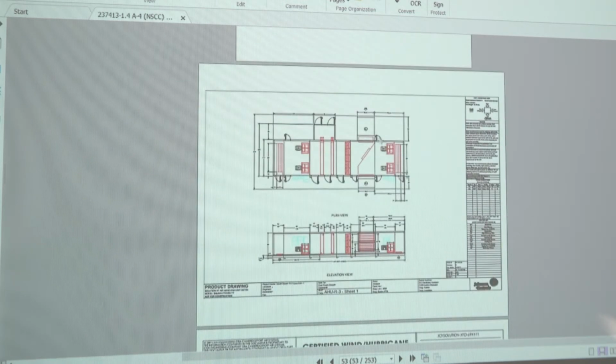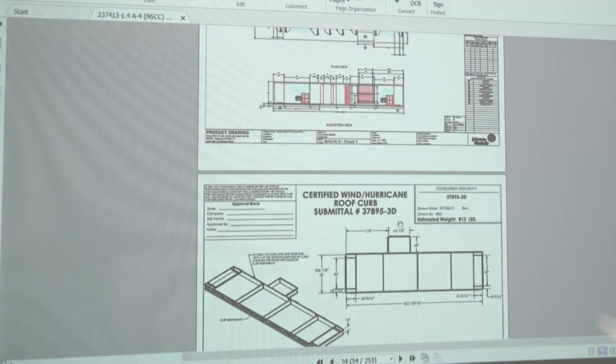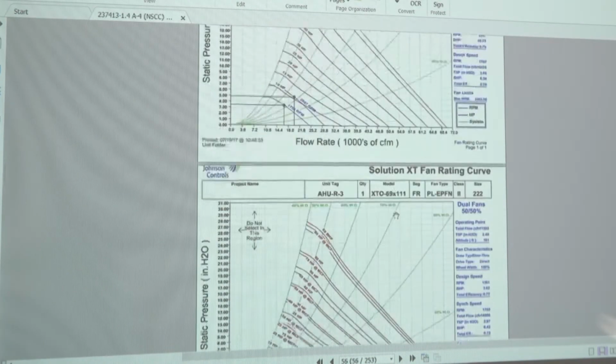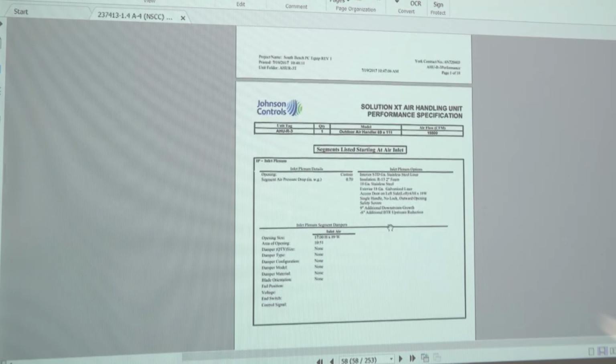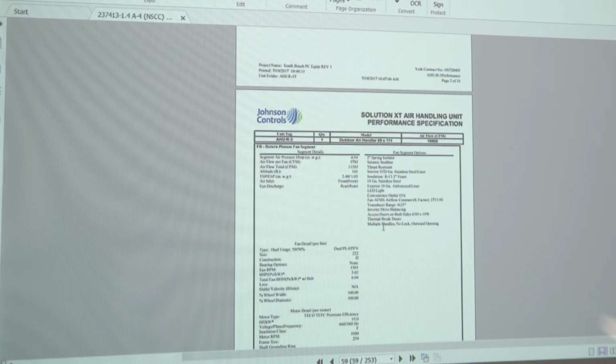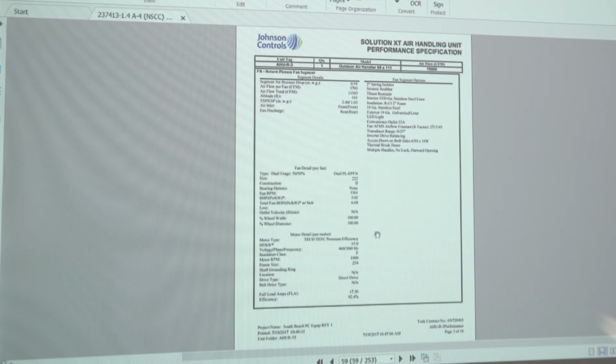You'll find the same layout, plan views, curb details, fan details, construction of the unit. Okay, everything continues and it follows. All of the units have the same exact outline with all the performance data that's required. So as we stated prior to looking at some of the submittal data, we talked about all these units providing airflow to VAV boxes.